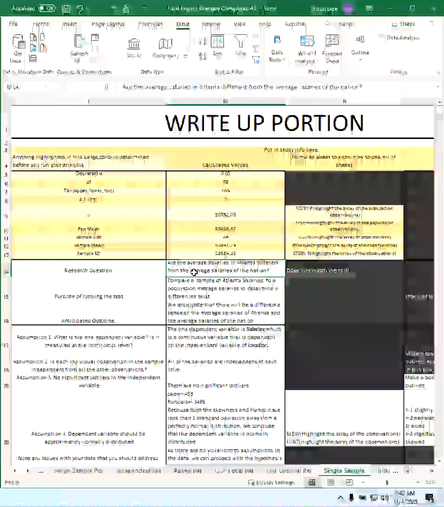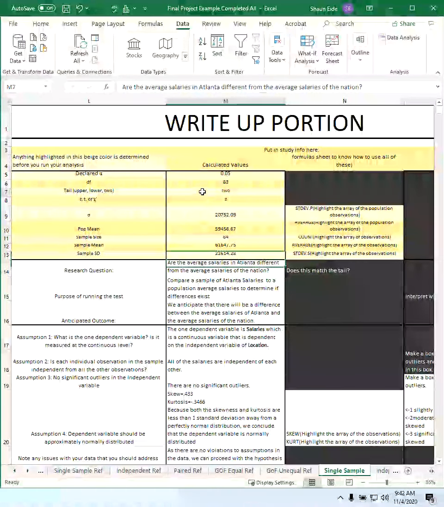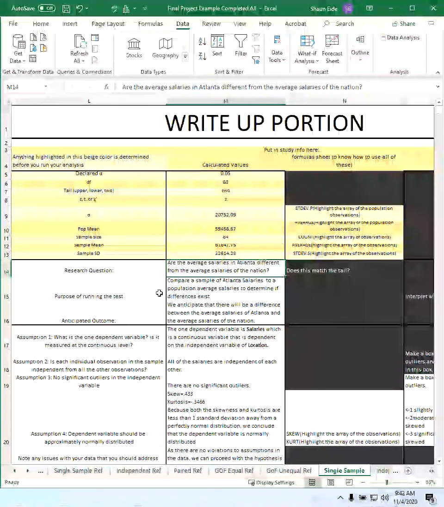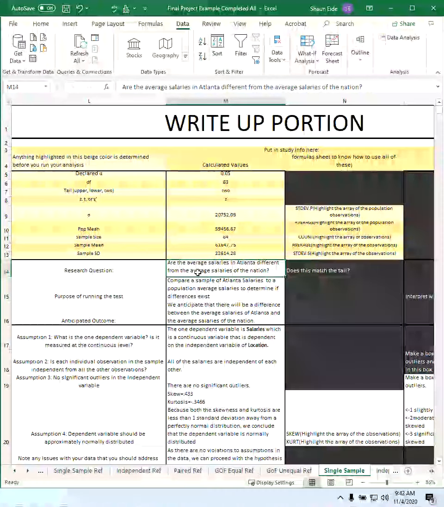And so this research question should reflect the fact that we're doing a two-tailed test. So are the average salaries in Atlanta different from the average salaries of the nation? The reason why I have it phrased like this is because we're literally taking the average of all the averages.